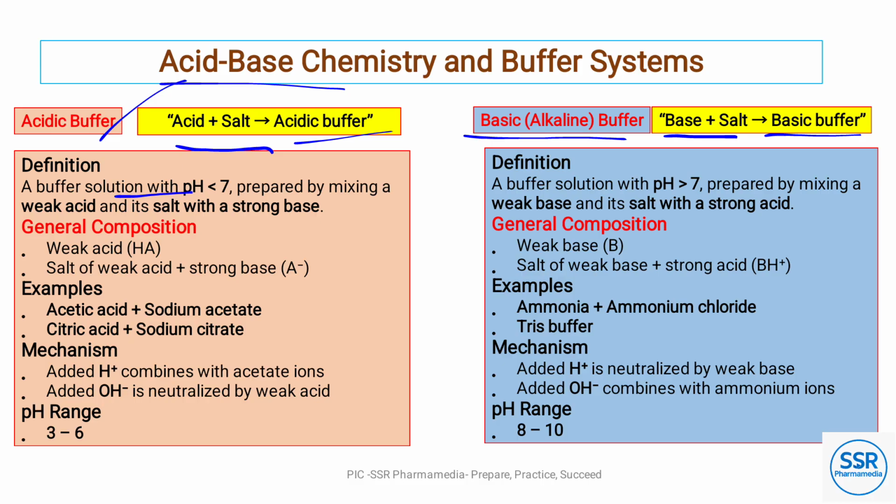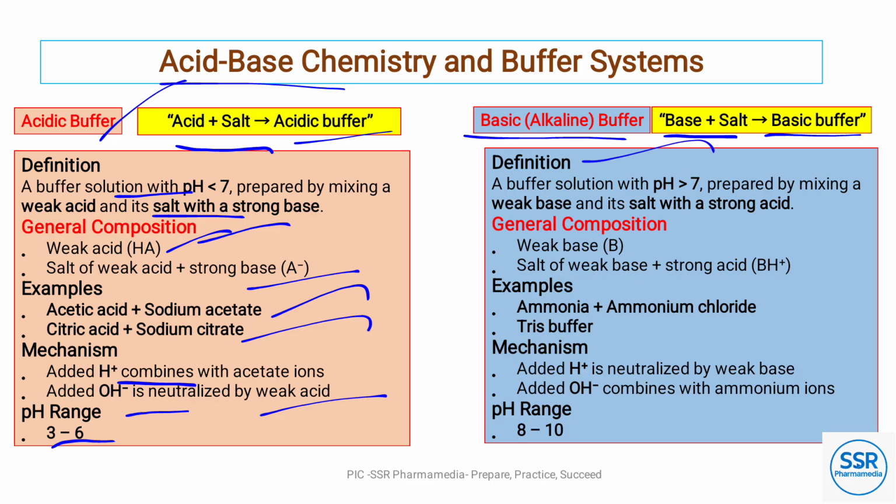A buffer solution with pH less than 7 prepared by mixing a weak acid and its salt with a strong base. General composition: weak acid and its salt. Examples: acetic acid plus sodium acetate, citric acid plus sodium citrate. Mechanism: added H plus ion combines with the acetate ion, added OH minus ion is neutralized by the weak acid. pH range 3 to 6.